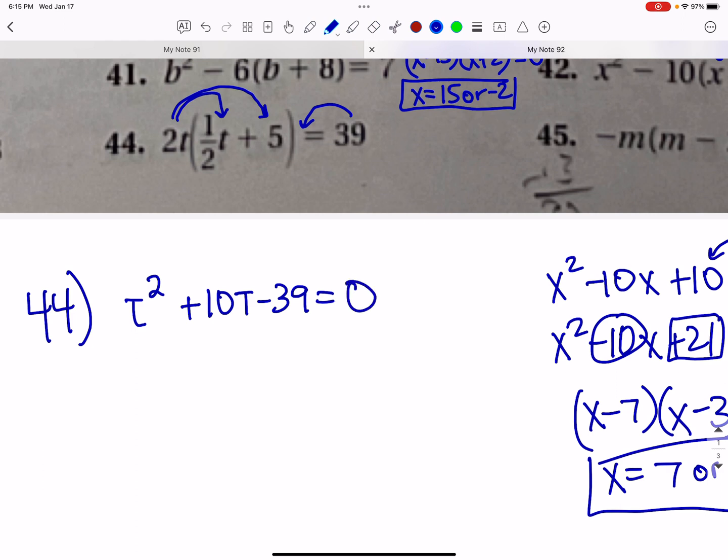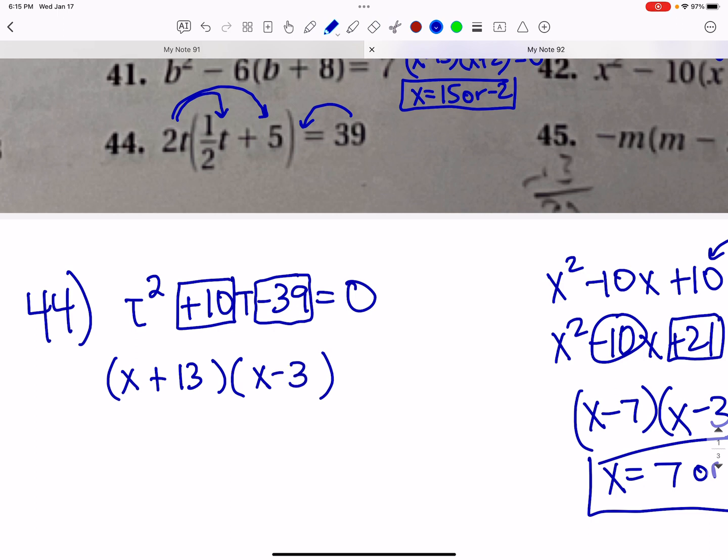Okay, let's see. I got to think of 13 and 3. If it's going to multiply to a negative number, I know one has to be positive and one has to be negative. And I know the positive has to win by 10. Okay, so x plus 13 and x minus 3 equals 0. X equals negative 13 or 3.